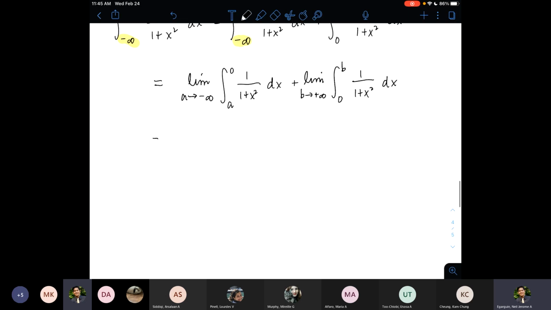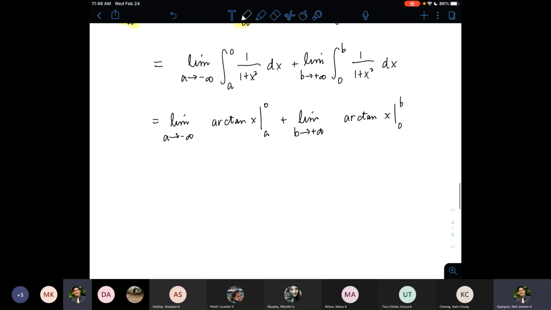Okay. Then we can carry out the integration here. For the first integral, you still have the limit, but the integral would be arctan of x, evaluated from a to 0, plus the limit as b approaches positive infinity of arctan of x, now evaluated from 0 to b.